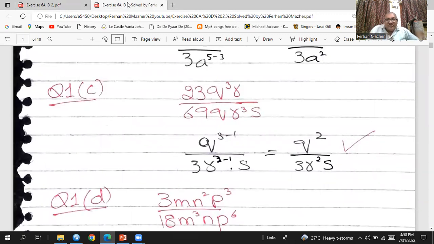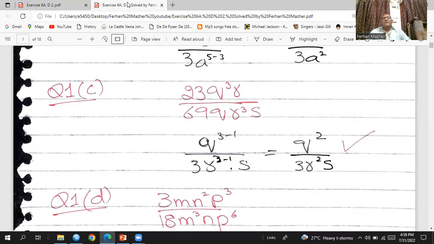So they will be cancelled with each other. For the q, the numerator has a larger power of the q. So in the numerator, I will write 3 q raised to power 3 minus 1. The r has a larger power in the denominator. So in the denominator, I will write r raised to power 3 minus 1.